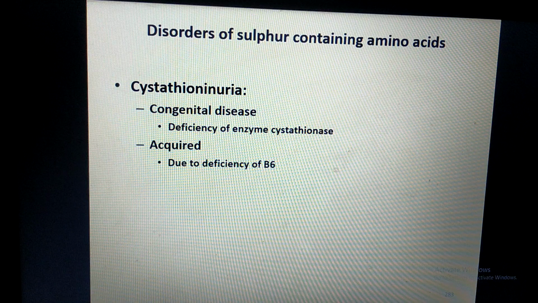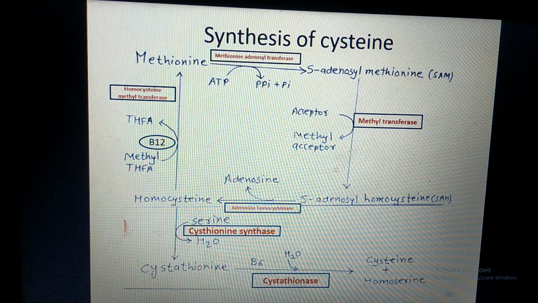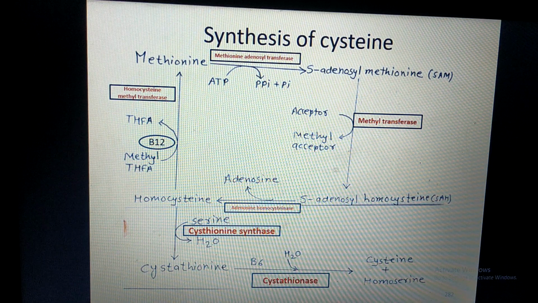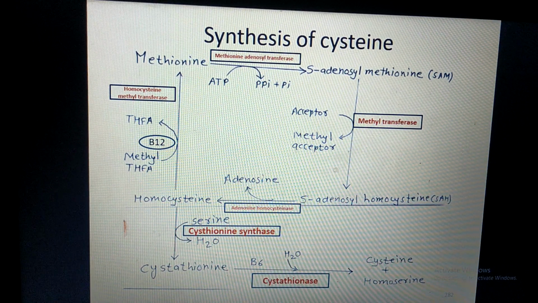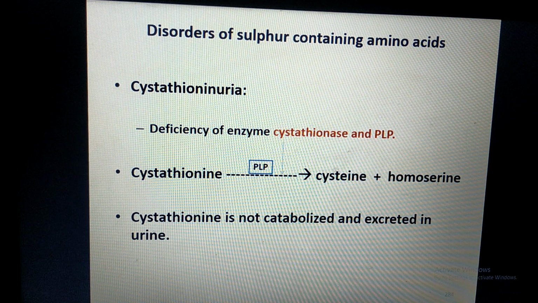Congenital is due to deficiency of enzyme cystathionase and acquired is due to deficiency of vitamin B6. Here is the cycle all of us know, where cystathionine is broken down into cysteine and homoserine with the help of enzyme cystathionase, and coenzyme is vitamin B6. If the enzyme cystathionase is deficient, then cystathionine is not broken down into cysteine and homoserine. The level of cystathionine increases, and that cystathionine gets excreted into the urine, leading to cystathionuria.